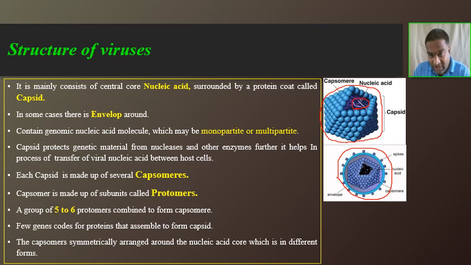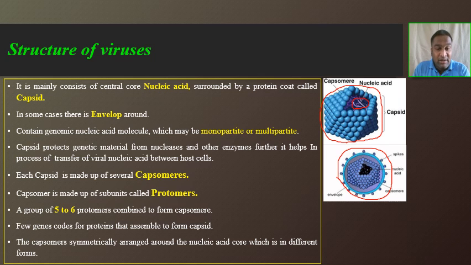So the capsid, which surrounds the nucleic acids of the viruses, protects the virus from the nucleases and some other enzymes present in the higher organisms' cells. Similarly, the capsid helps to transfer the genetic material, the nucleic acids, from the virus to the higher organism's cell.